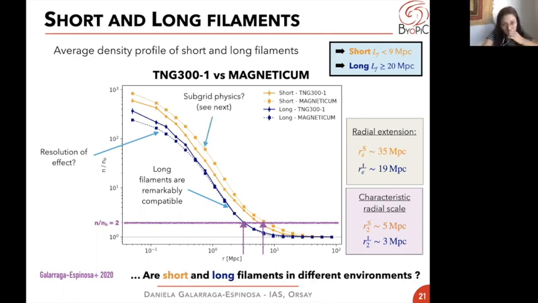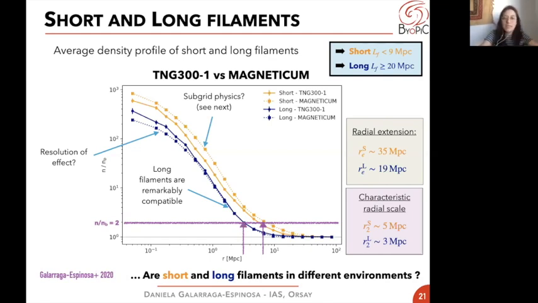However, the short filaments are very different, and at this stage we had the intuition that these filaments are not in the same environment as the longer filaments. Short filaments might be in over-dense regions, and in these regions the subgrid physics of the simulations are very important, and they determine the distribution of matter.